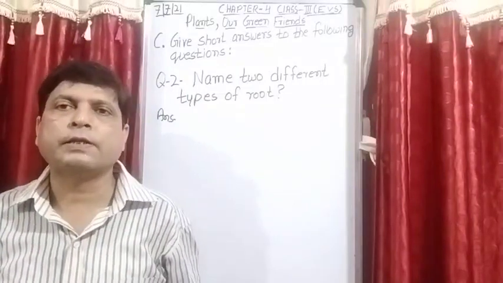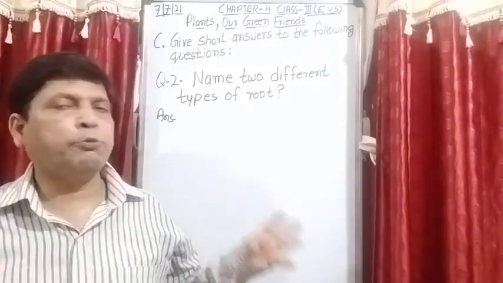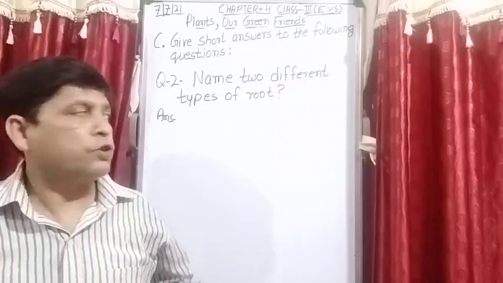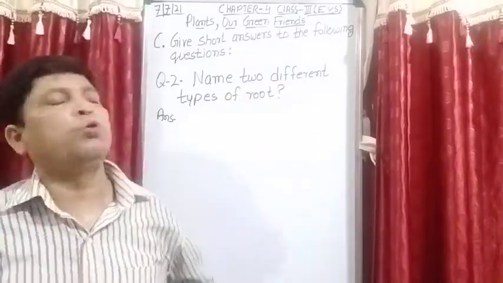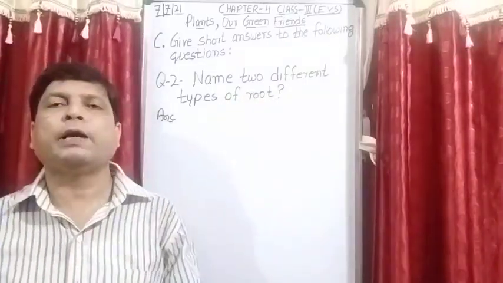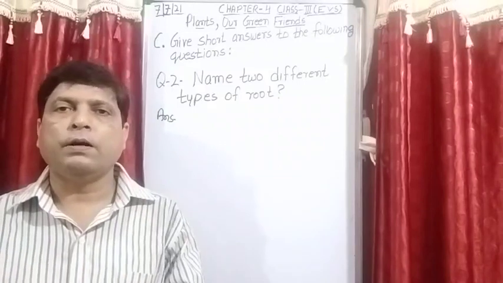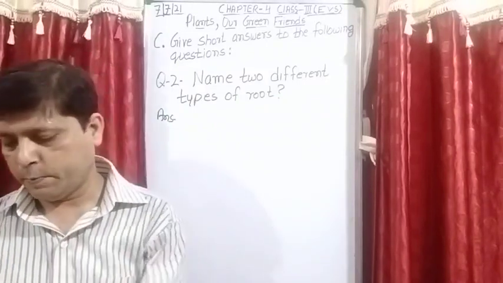That is the fibrous root. But we don't have to give an explanation, just the names of two different types of roots. So the two different types of roots are tap root and fibrous root. Note down the answer.